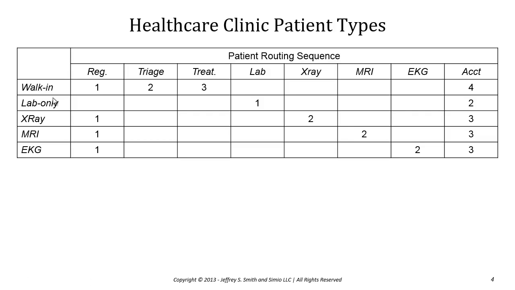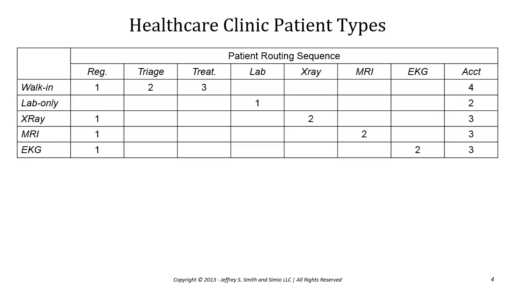The complication comes, for example, if we look at the registration station. If you're a walk-in patient, you go from registration to triage. If you're X-ray, you go from registration to X-ray. MRI goes from registration to MRI, and EKG goes from registration to EKG.